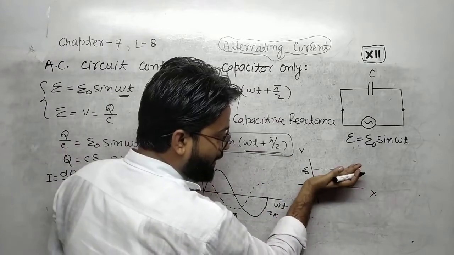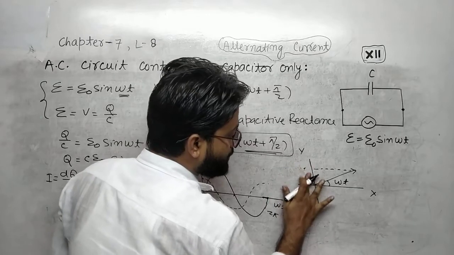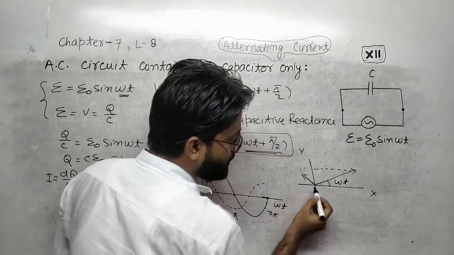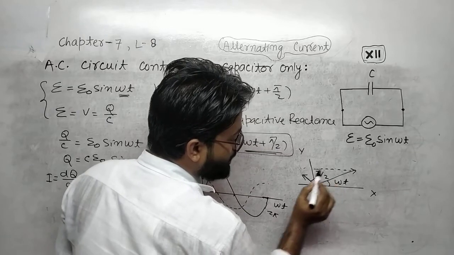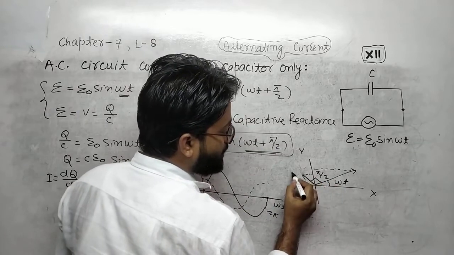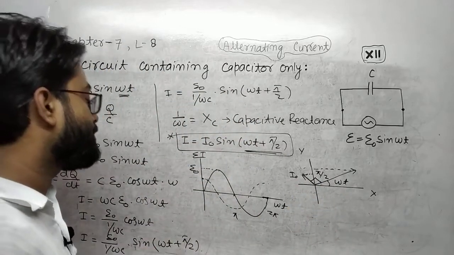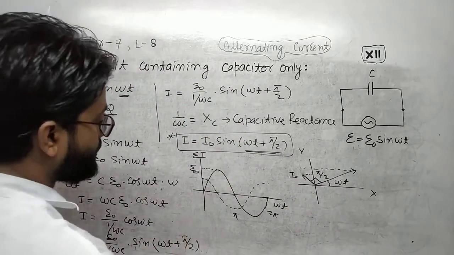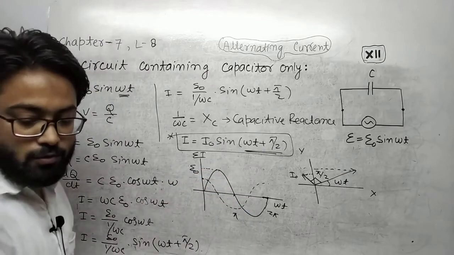Sorry, the vector should be less; this angle is 90 degrees, meaning pi by 2. This is the maximum current I naught. This is the phasor diagram, and this is the E and I versus omega t graph.